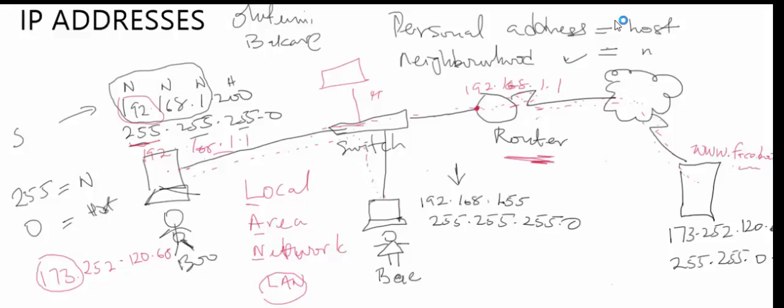But if where you are communicating to is remote, across a WAN, a wide area network, it has to go across the switch, across the router into the wide area network, which is basically what the internet is.